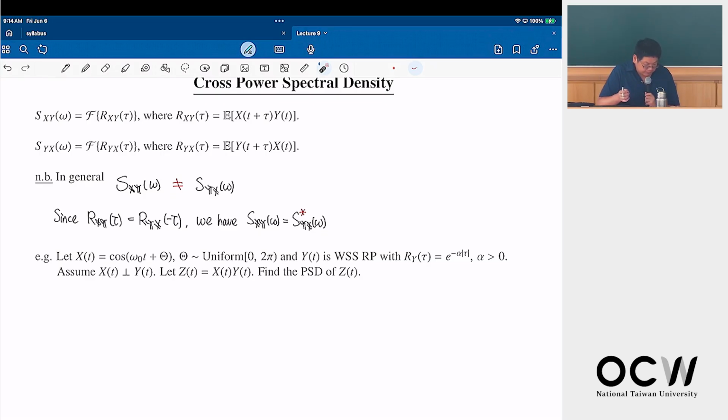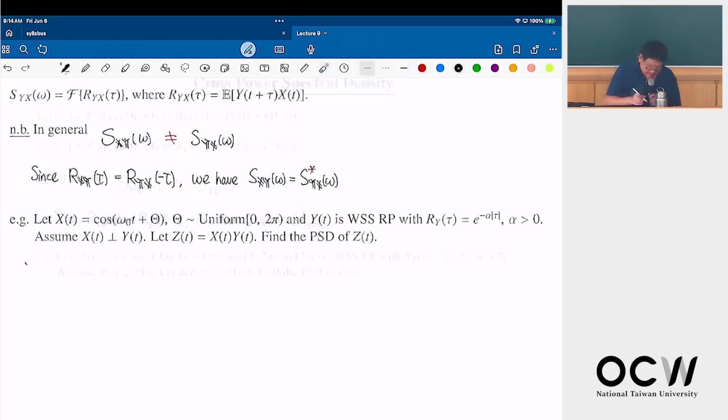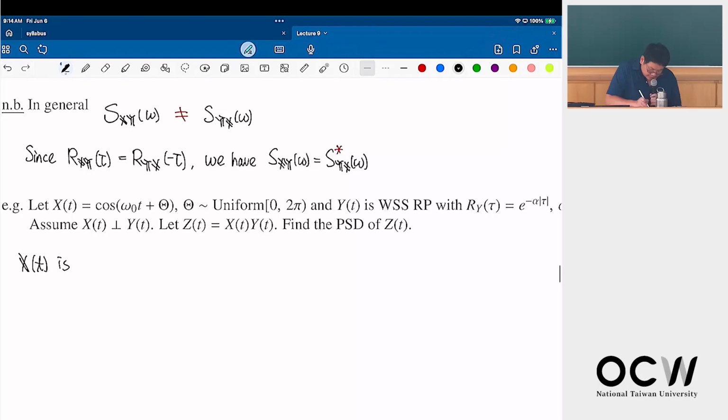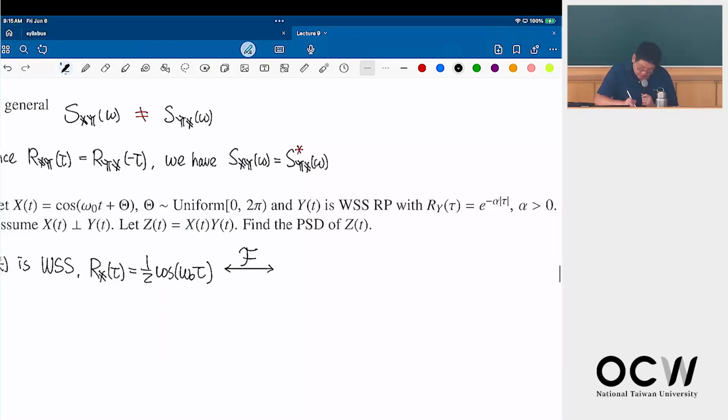So in this case, x is wide-sense stationary, and the autocorrelation is 1/2 cosine omega naught tau. Then you can take the Fourier transform or check the table, and you can get the spectrum.